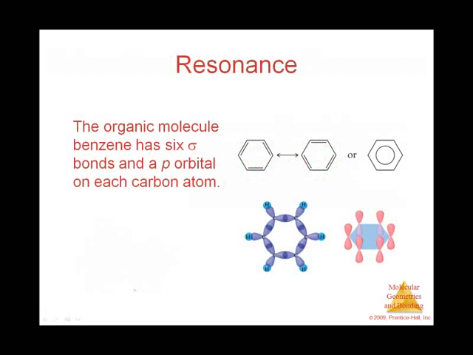When we talk about resonance, benzene is a popular topic, and we talked about this when we talked about Lewis structures. And remember, benzene has 6 carbons with hydrogens attached, and they have double bonds between every 2 carbons. And often the shorthand shows like this.